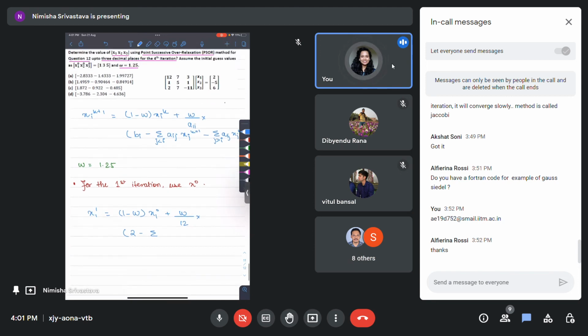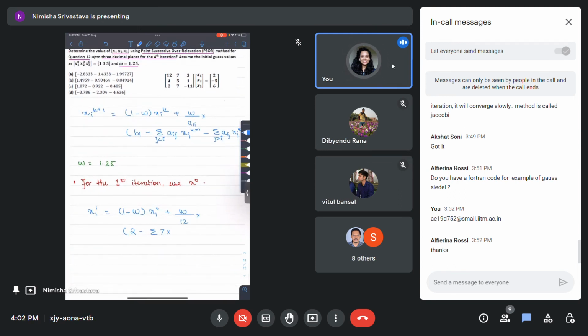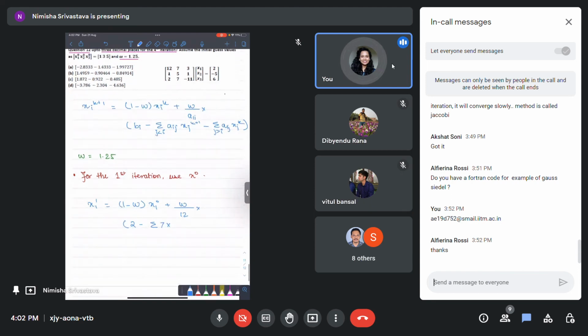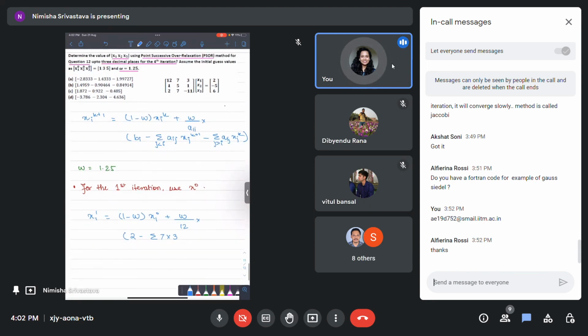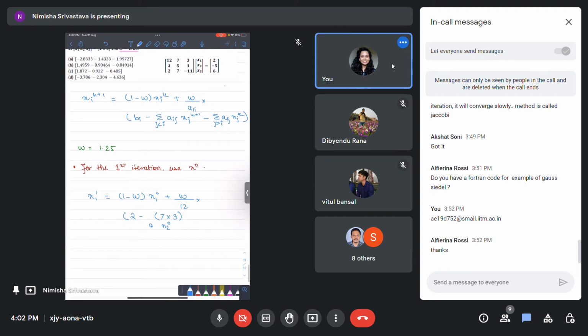So j is greater than 1, j is 2. 7 into x naught, that is x2 naught, which is 3. Why am I doing this 7 and 3 thing? That 7 corresponds to a_12, multiplied by x2 naught. Plus a_13 into x3 naught, which is 3 into 5.